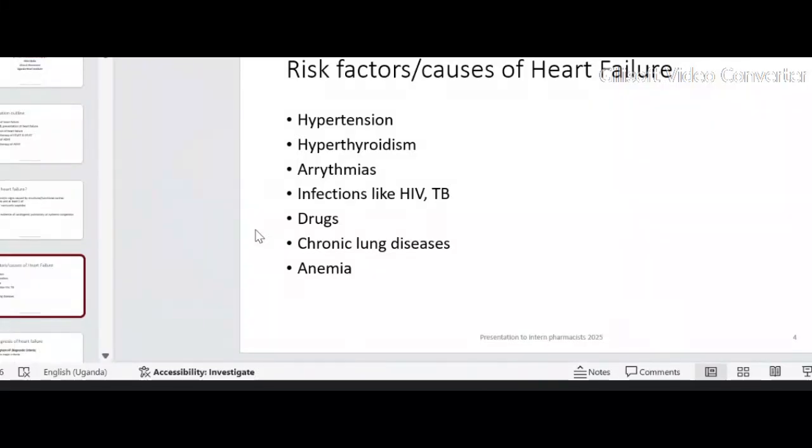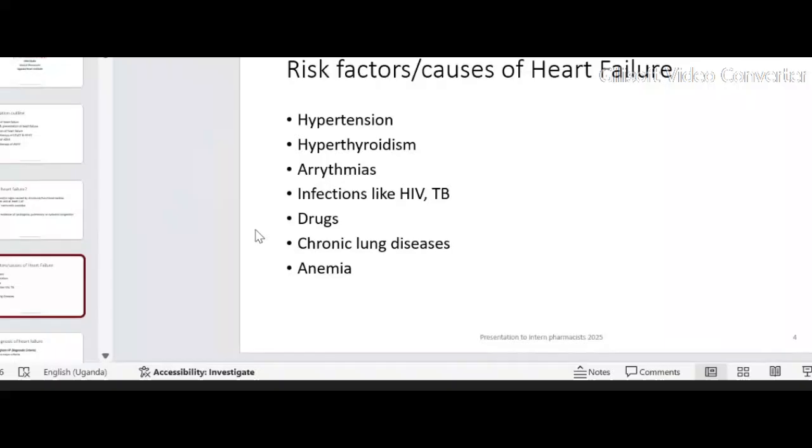You cannot say you're a pharmacist and you don't know how to manage hypertension. You can't say you're a nurse, or an MO, and you don't know how to manage hypertension, because it is the number one problem in cardiovascular disease. It's the HIV of the heart. You need to know how to manage hypertension because it causes almost all cardiovascular complications.